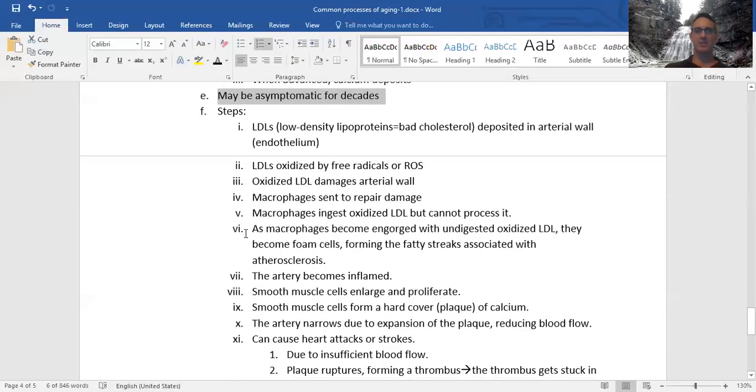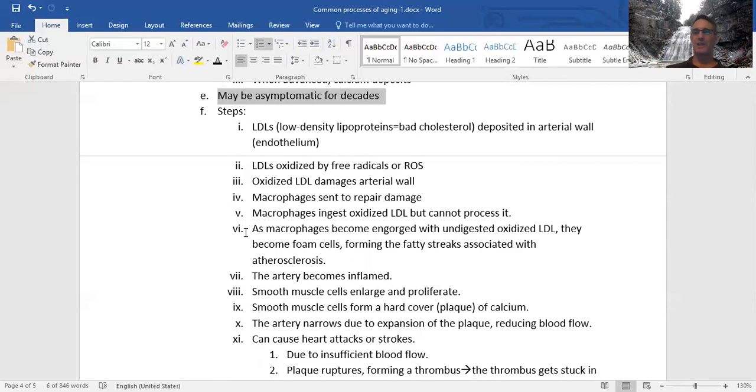These are the basic steps. The LDLs get deposited in the endothelium, which, remember, was the inner lining of all of the blood vessel walls. The LDLs, again, we're linking this with other things now, get oxidized by free radicals or reactive oxygen species. So now they're damaged.